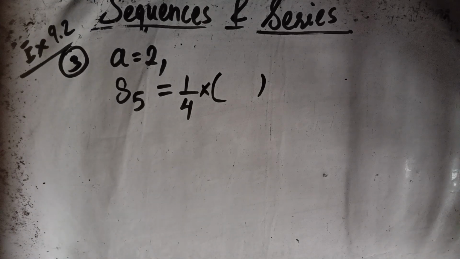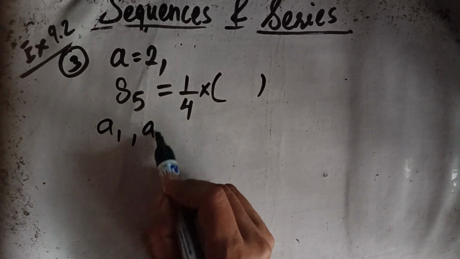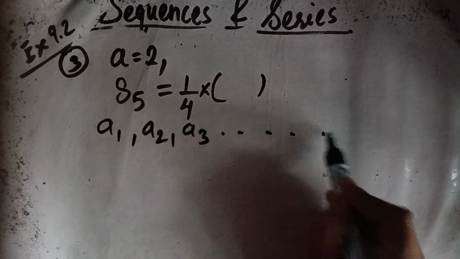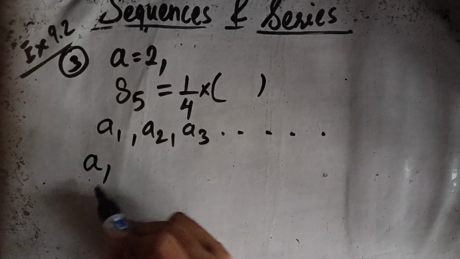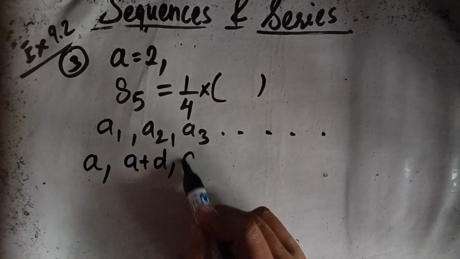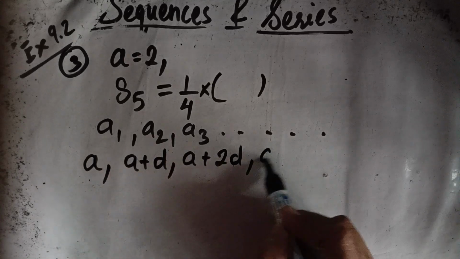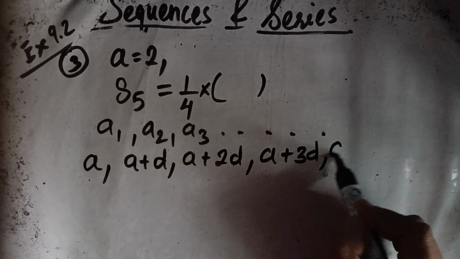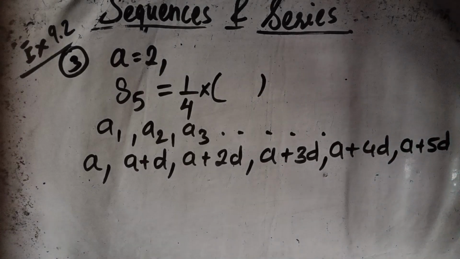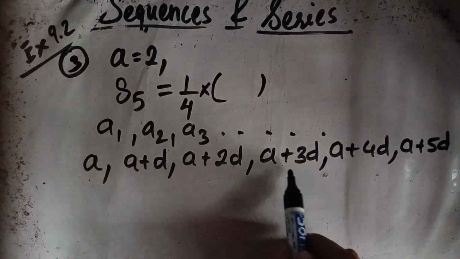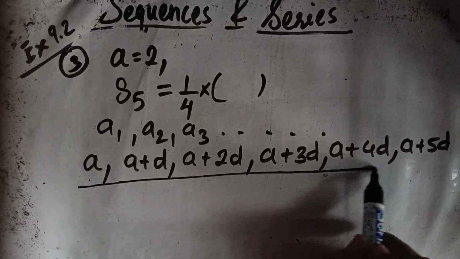So you can write this sum using the AP formula. How do we write an AP? A1, A2, A3 and so on. If you know a and d, how do you write the AP? A plus d, a plus 2d, a plus 3d, a plus 4d, a plus 5d. 1, 2, 3, 4, 5, these are the 5 terms.